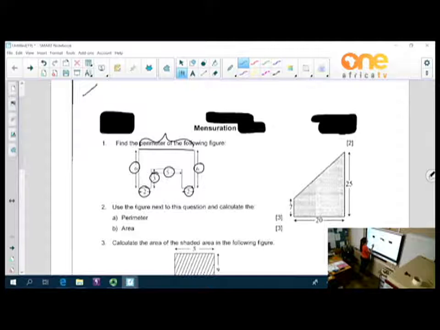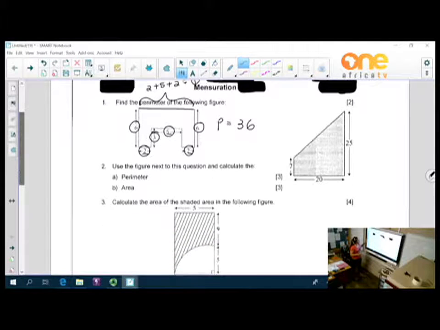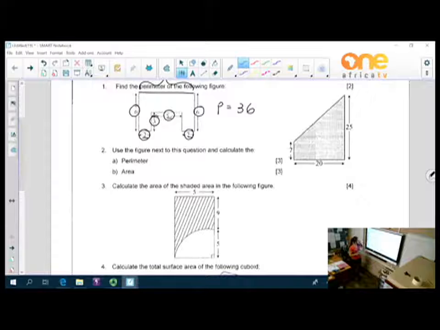We will have 2, 5 and 2, so 2 plus 5 plus 2 is equal to 9. So to calculate the perimeter, add all these together with the 9, and the perimeter of this figure is 36. They do not give us a centimeter or whether this is in millimeters, so 36 is sufficient.